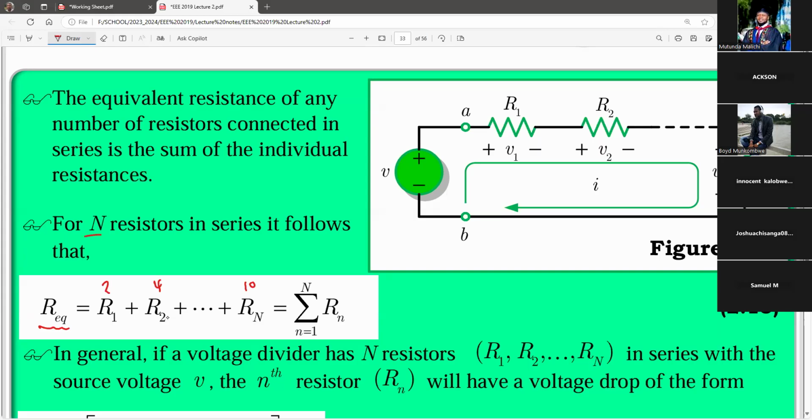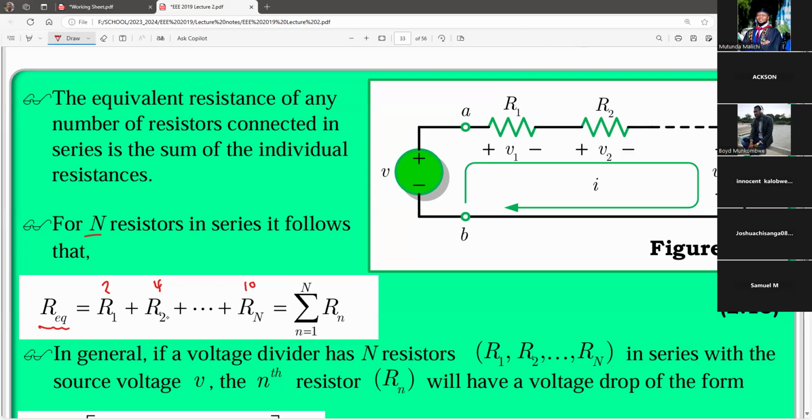In short, it's just the sum of the resistances themselves that gives you the equivalent resistance. And that equivalent resistance should be larger than the largest resistor that you have in that series.